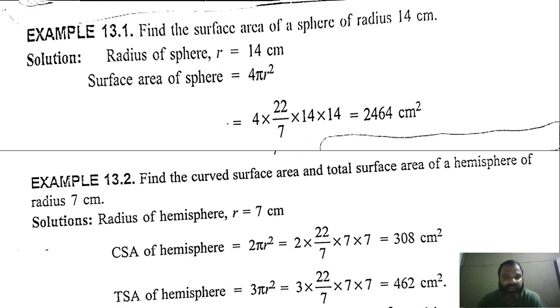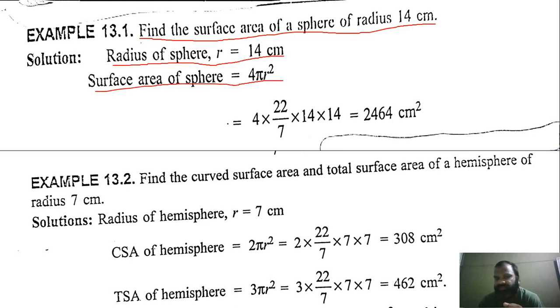Example number 13.1. Find the surface area of a sphere of radius 14 centimeter, and the process of solution. What is the process of solution? Look here, radius of the sphere r equals 14 centimeter. So the surface area of a sphere equals 4 pi r square.